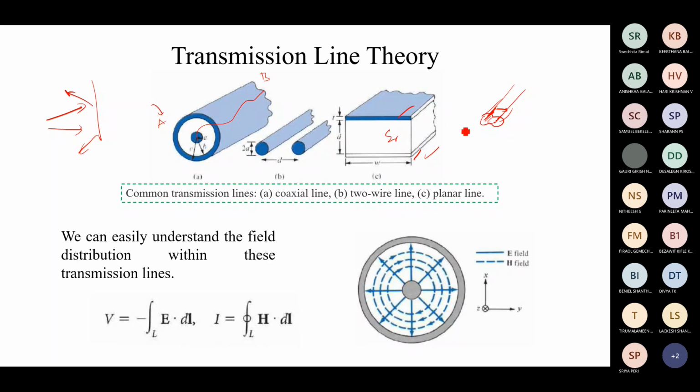Other than that, we have already seen the waveguides. These are the four most common transmission lines, and they have field distributions inside that will be very useful for understanding how the wave propagation takes place.